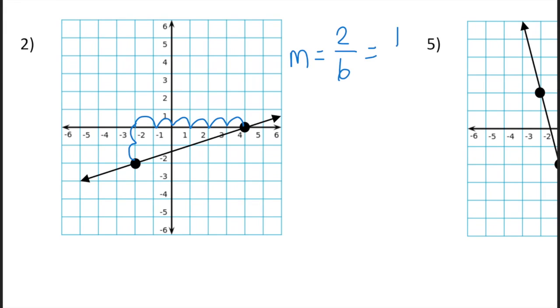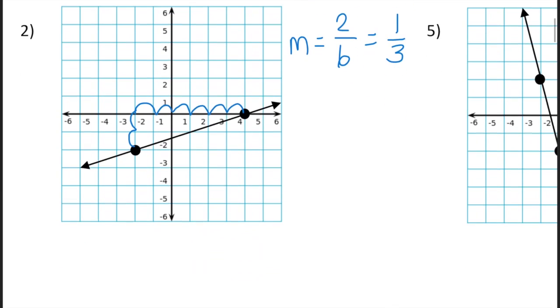Now, we have to simplify this to 1/3. Any fraction in your equation has to be simplified. Here is the y-axis. Oh, the y-intercept is not a number that I can figure out, is it?